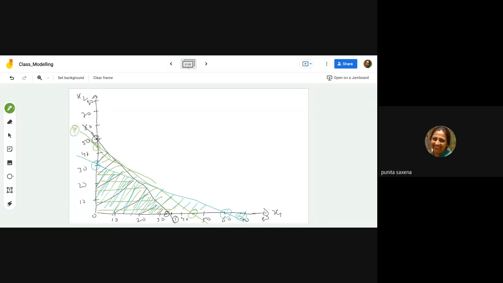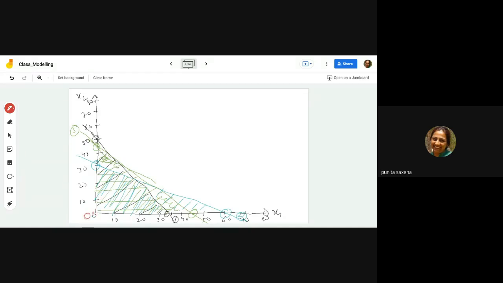This is your constraint number 3. Though you have some region which is common to constraint number 2 and 3, and some region which is common to constraint number 1 and 3, since we need all the constraints to be satisfied simultaneously, this is the region, right? So now what you can do is identify your extreme points, which is this.